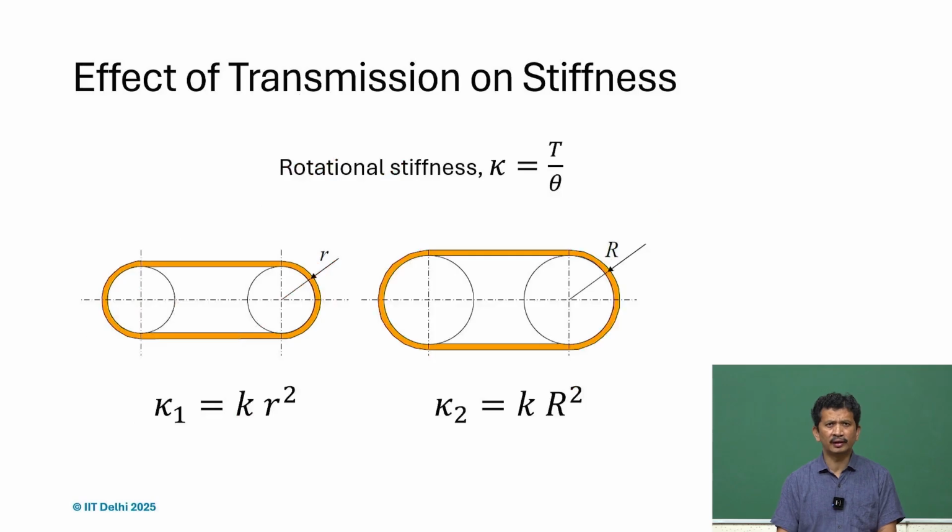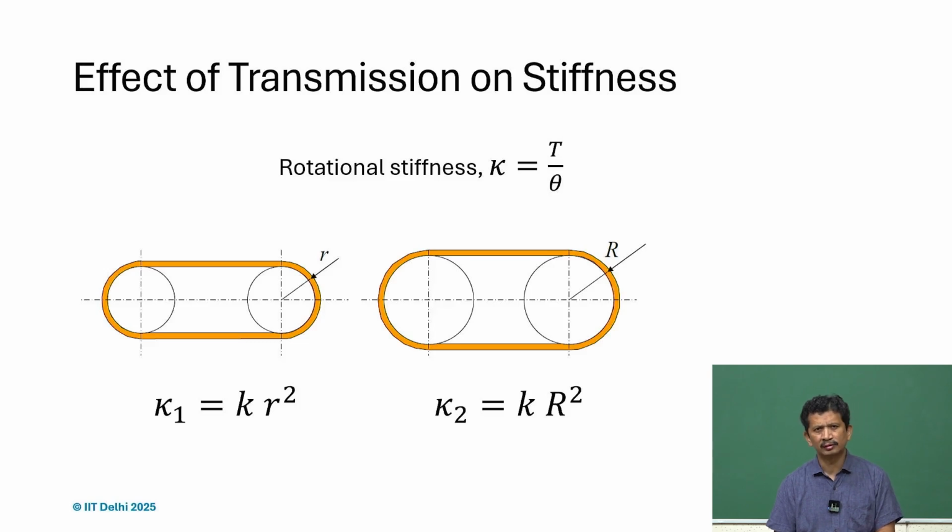So, if we are designing any kind of transmission using belts or cables, wires, any kind of flexible transmission, and if you are aware of this, we can choose the diameter of the pulley accordingly.